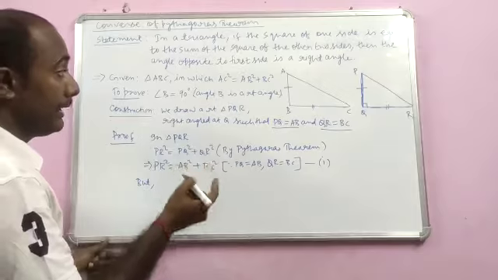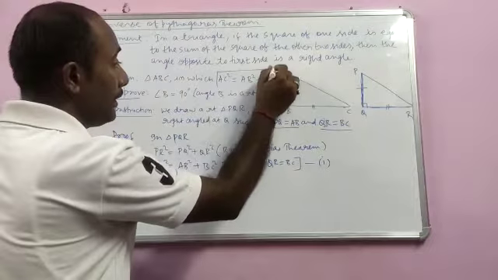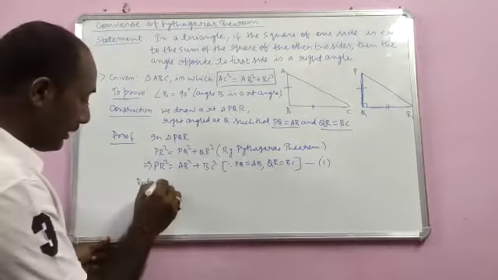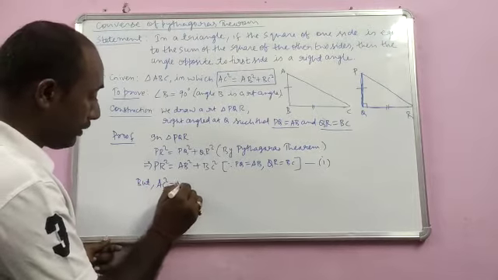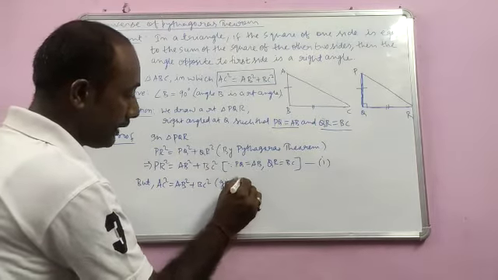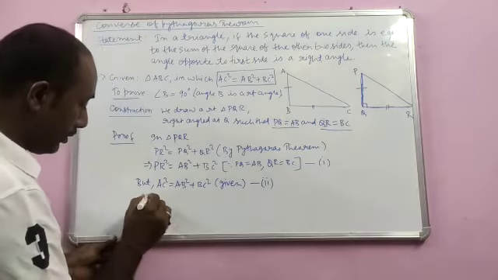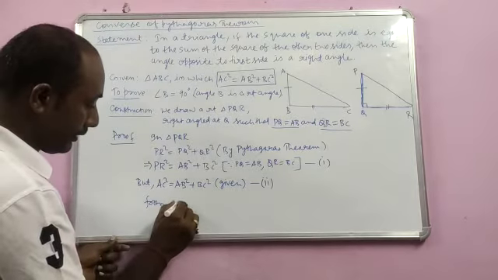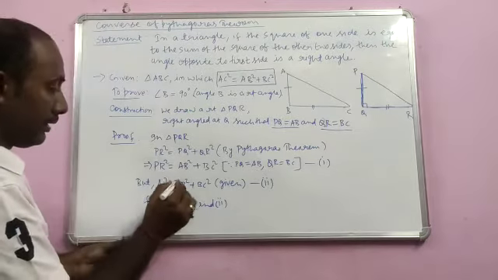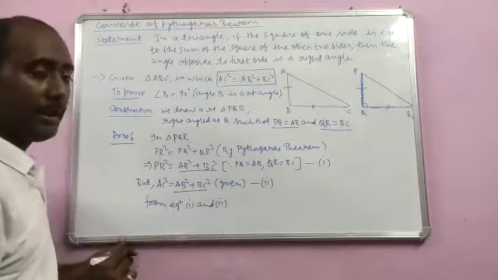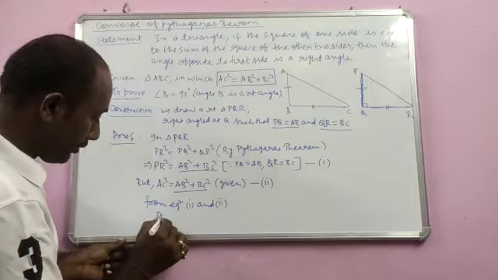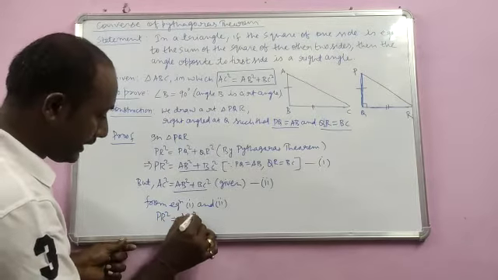But it is already given, we know that AC square is equal to AB square plus BC square. The reason is given, name it as equation 2. So from equation 1 and 2, the RHS part is equal in both the equations, so we can write that PR square is equal to AC square.